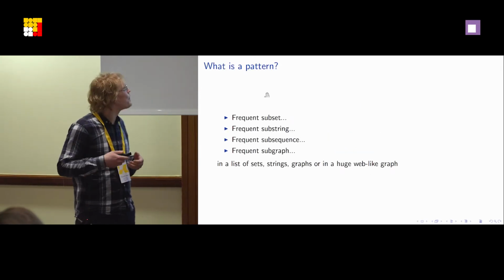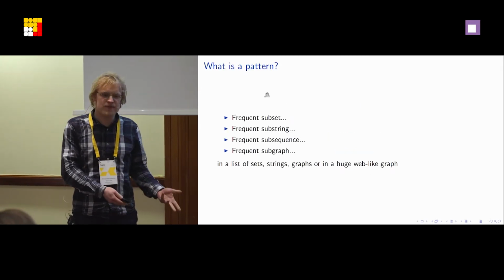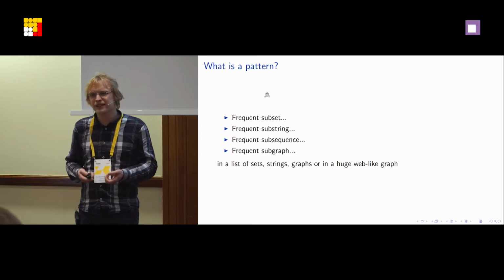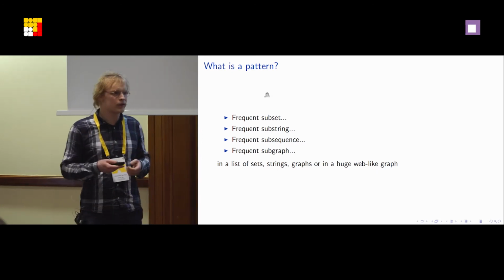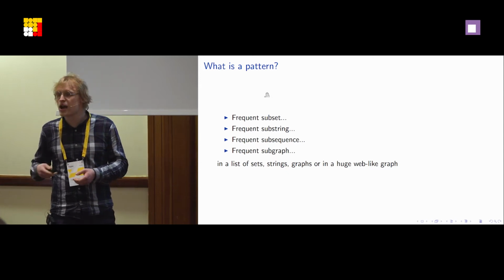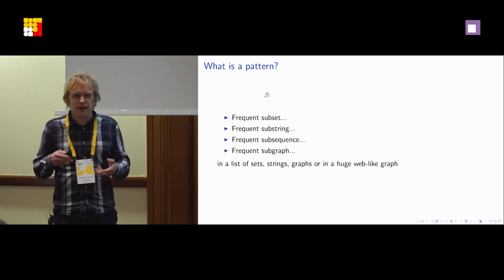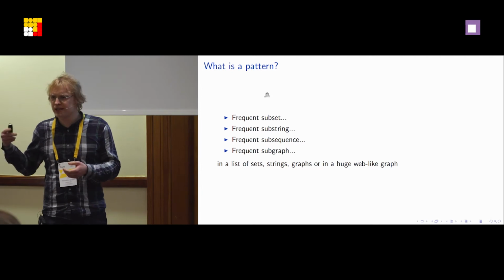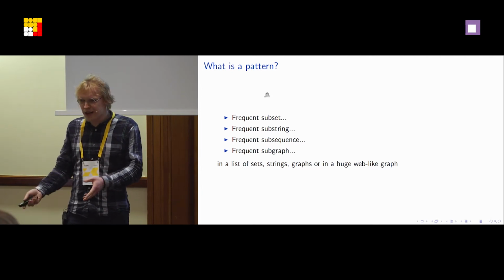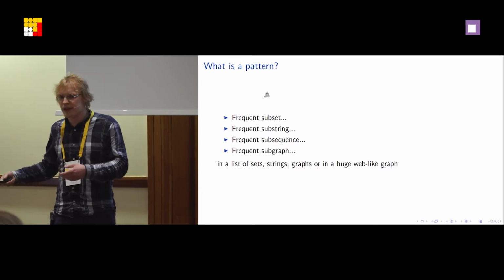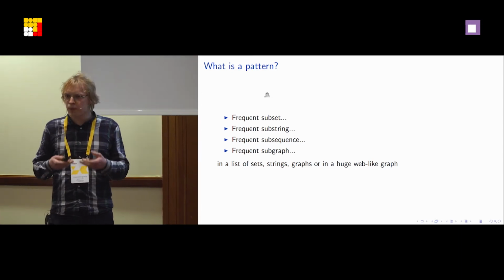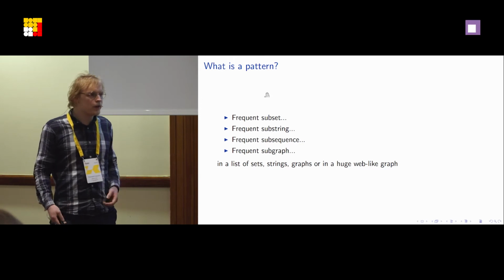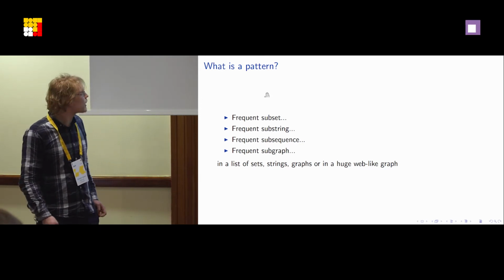Patterns are some frequent or maybe important subsets or substrings or subsequences, or maybe even some harder versions like popular regular expressions that frequently or in some other way importantly occur in your data set.